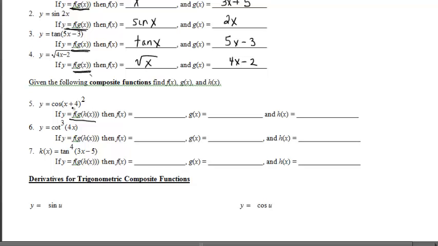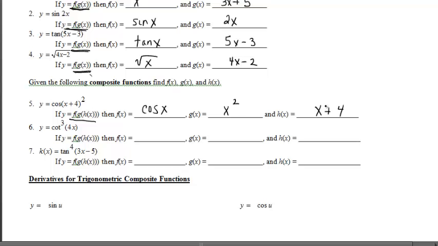That's the innermost function. Well, the most inner function is you would take your x, whatever it is, and add 4. After you add 4 to x, you're going to square it. So our next function is x squared. And then we're going to perform the last operation, which is the cosine of x.